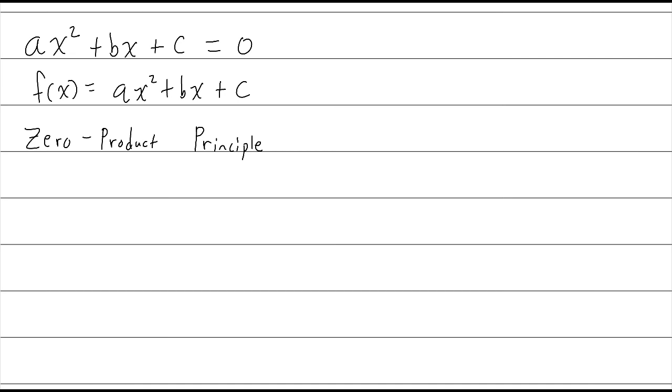And it says that if you have two things that multiply together that equal 0, the only way that that can happen is if one of those two things equals 0. Okay, so if a times b equals 0, then either a equals 0 or b equals 0. One of those has to equal 0 in order for the product to equal 0. Okay, so we're going to use that fact in a little bit.